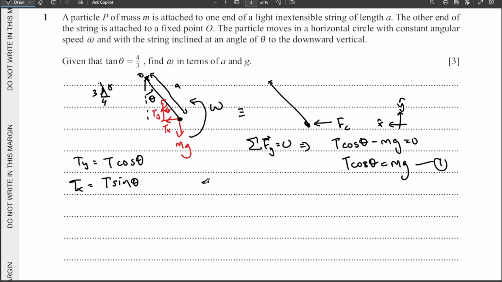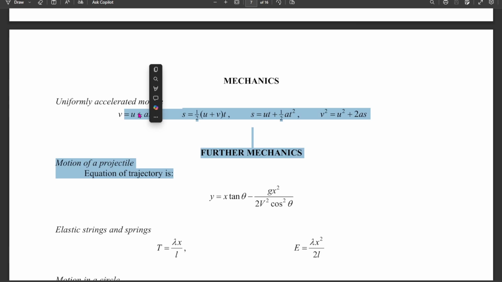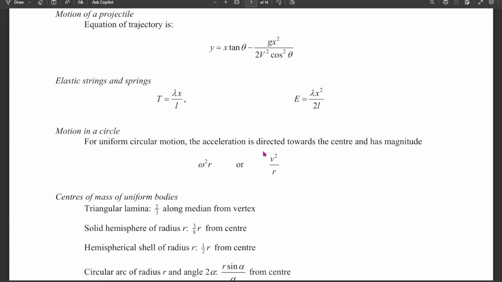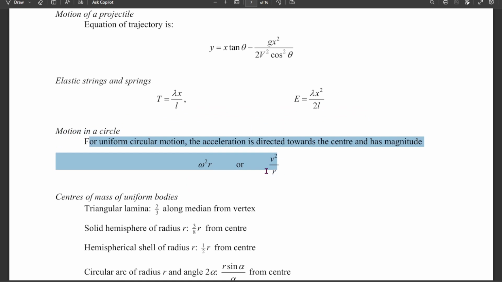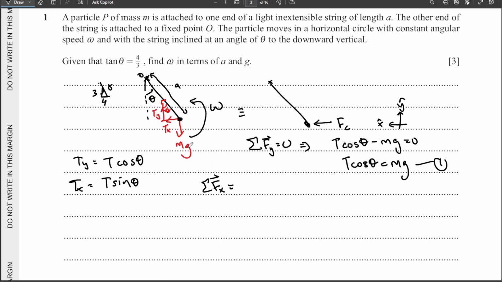Now we have the sum of forces in the x direction. In this case, there is a resultant force, and that is given by the centripetal force, Fc. If you forget what the formula is, it's here. The centripetal acceleration is given by these two expressions. In this case, we'll use omega squared r since we want to find omega.